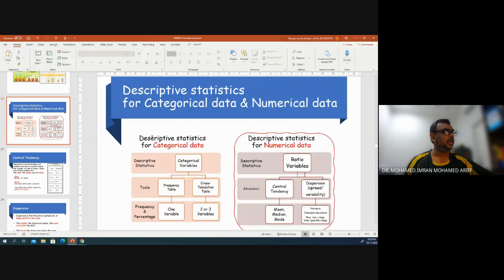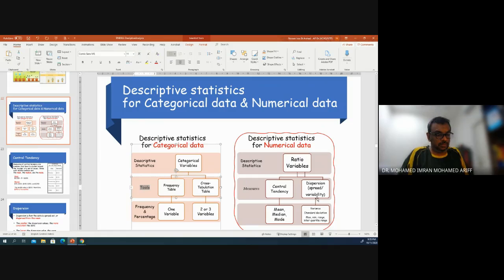Okay, descriptive. Now we are looking at descriptive statistics for categorical data. So what are the tools you have? Okay, measures.